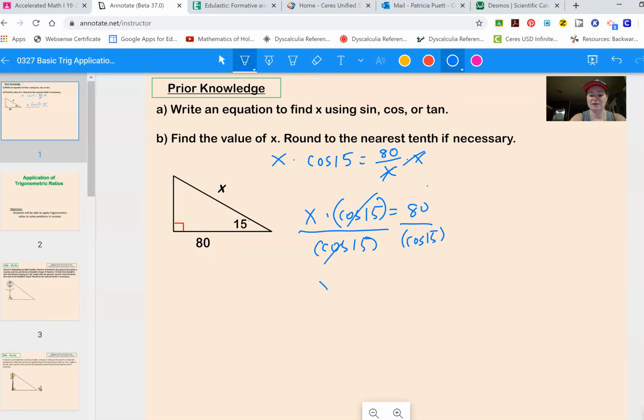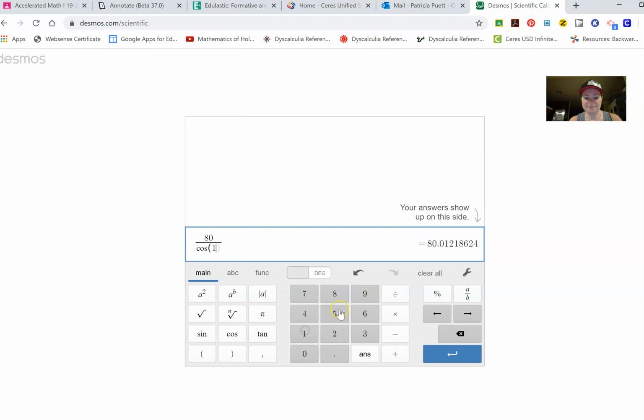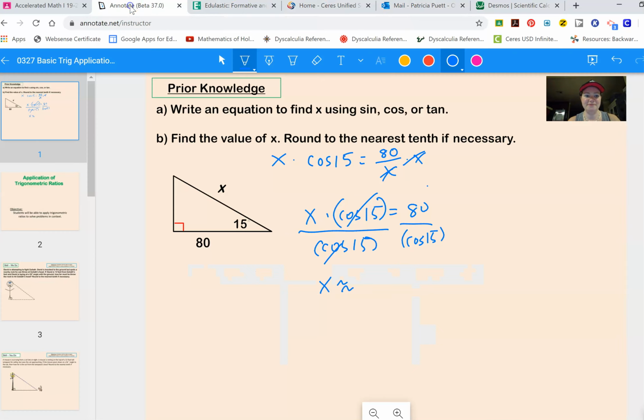Cross cancel. And then 80 divided by the cosine of 15. If I go into Desmos, which is right up here, 80 divided by the cosine of 15 is going to give me 82.8.